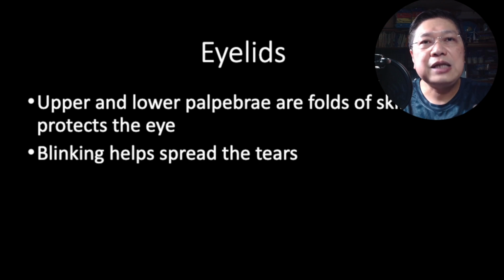Now, if you stop blinking, your tears are actually just going from one area to the other without any help, and your eyes start to dry up. Now, when you say dry eyes, it doesn't mean the entire eye is dry. Portions of it could be dry, portions of it could be very, very wet. And the reason it spreads very well is because of your eyelids blinking.